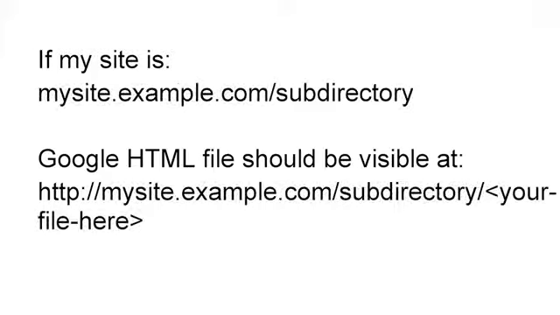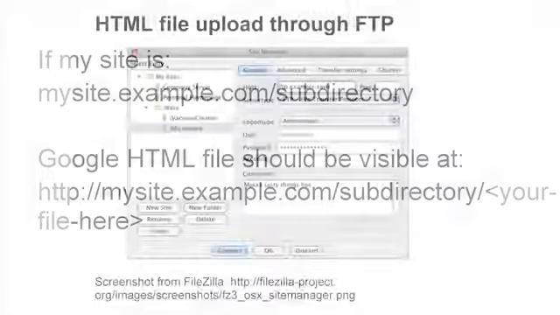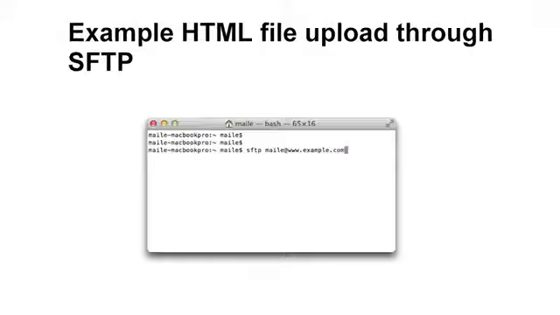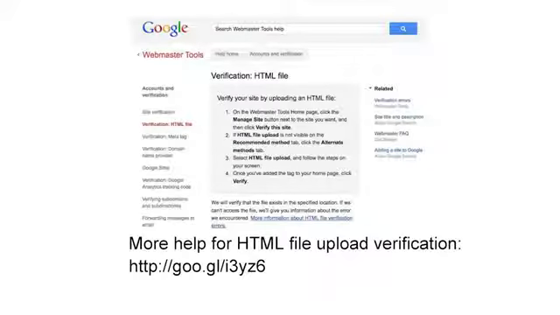Or if my site is mysite.example.com/subdirectory, then my root directory would be at mysite.example.com/subdirectory/, my file here. If you're a site owner who can upload files from either your site administration tool or by FTP or terminal or shell access, then HTML file upload may be a great option for you.